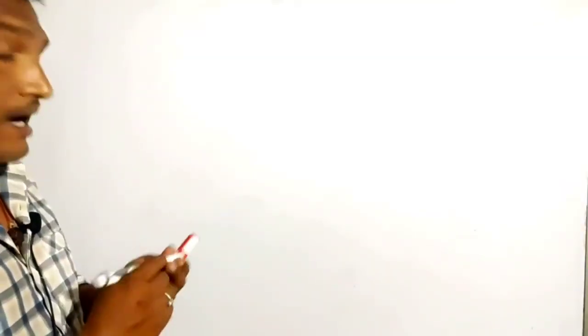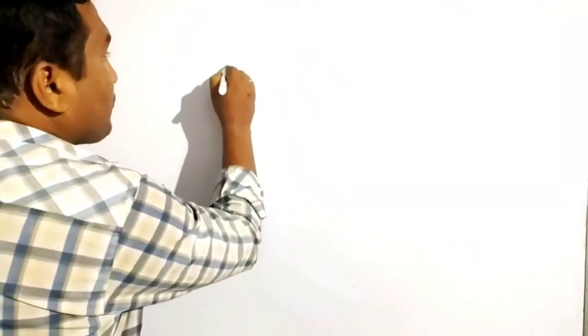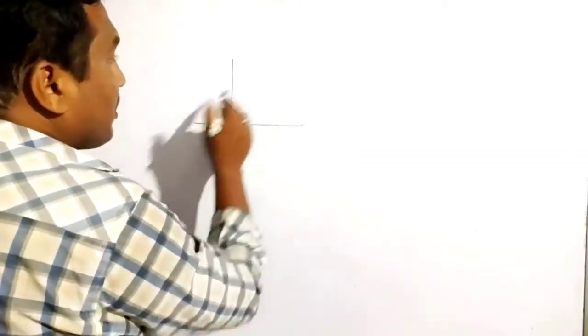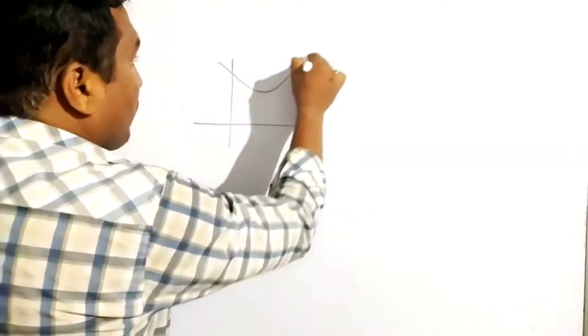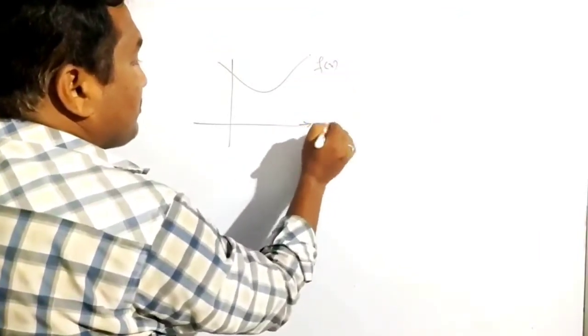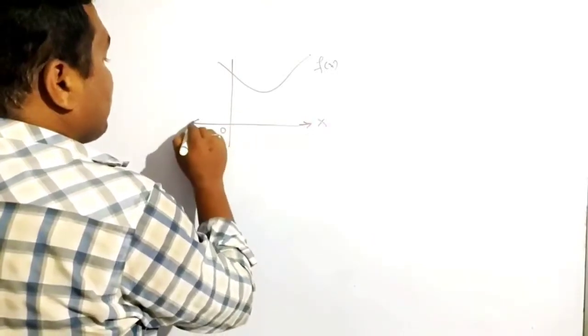Now we should know how to write the left and right limits. So here we'll take a small function, that is f of x. So the graph is like this. This is the function f of x. This is the x-axis. This is the origin.